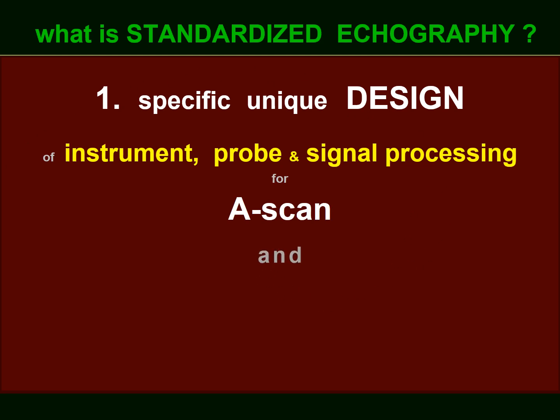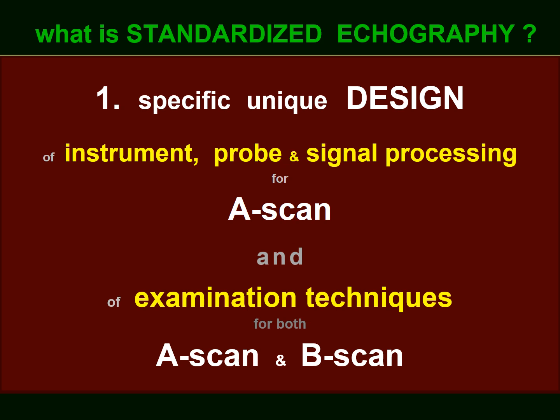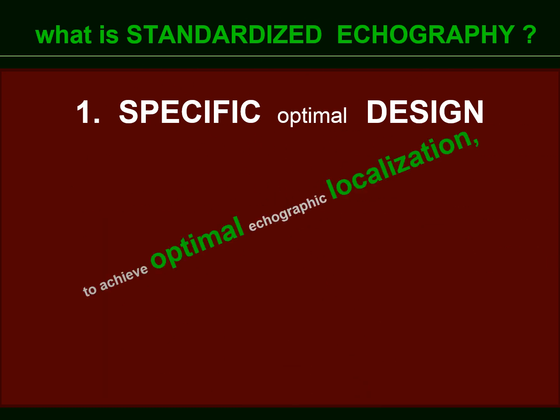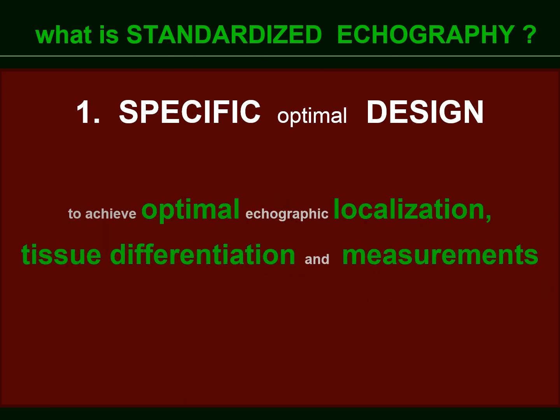And secondly, a specific, unique design of the examination techniques for both A and B scan as well. And then we have a specific optimal design to achieve optimal echographic localization, tissue differentiation, and measurements.